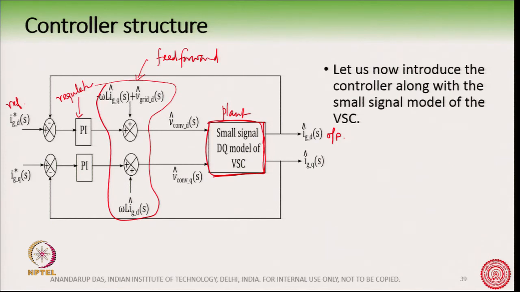So, the whole loop, once we close the loop, the closed loop system becomes a second order system, and we can control the transients, we can control the overshoot, we can control the settling time, etc. Okay. So, this is how it works.